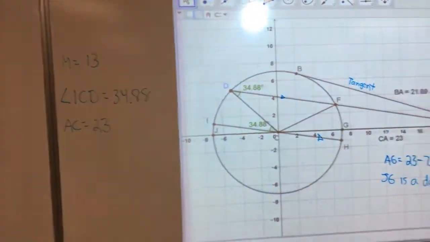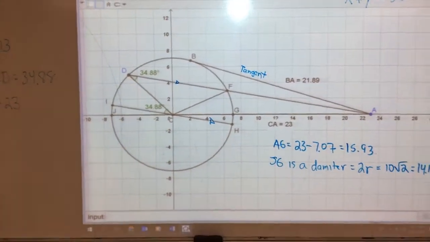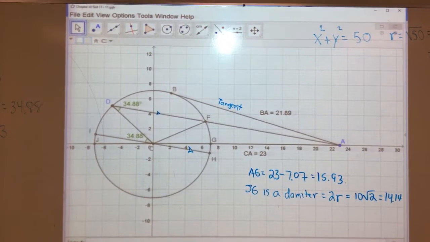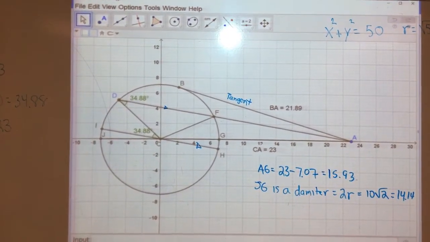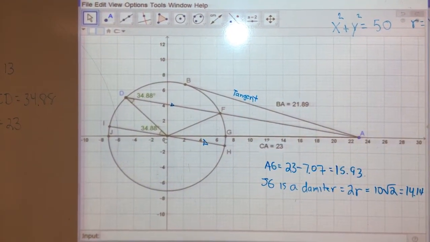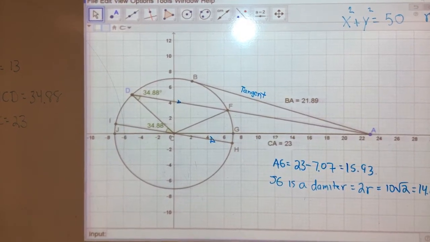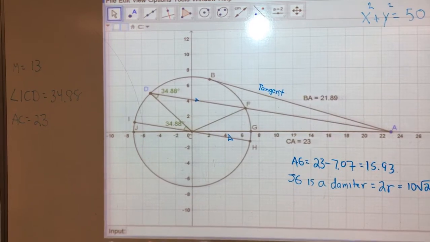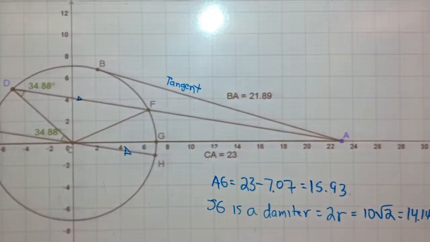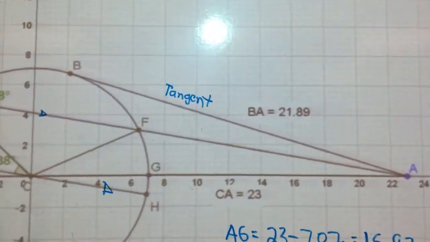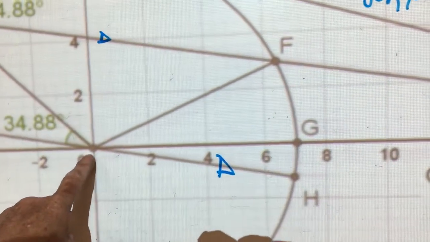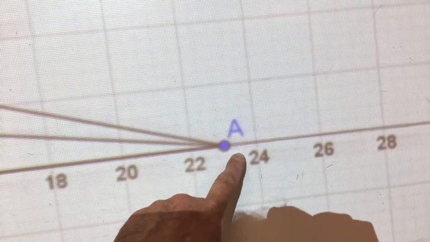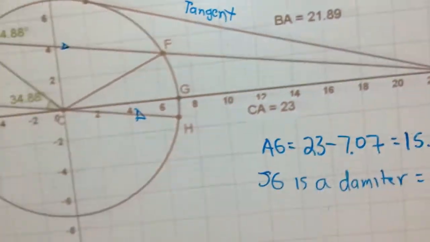So this is what this thing's going to look like. Now I've got a lot of the stuff already filled in, but that's what your picture looks like. This is in GeoGebra. Mine has a grid, yours does not. So I put my given in here. My A to C, my distance from the center of the circle to here, is 23 units, okay?